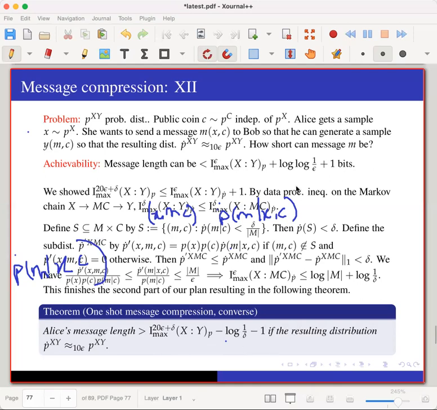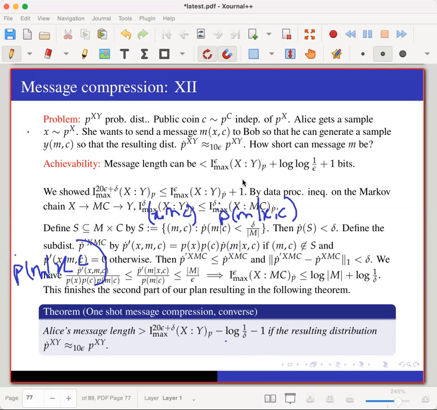If you divide by n, these additive fudge terms, remember, have nothing to do with the dimensions or the sizes of the alphabets involved, so they have nothing to do with n. So dividing by n sends them to 0. If you're looking at the IID limits, you get the precise answer that per resource use, the message length is the mutual information of X and Y with respect to the original distribution.